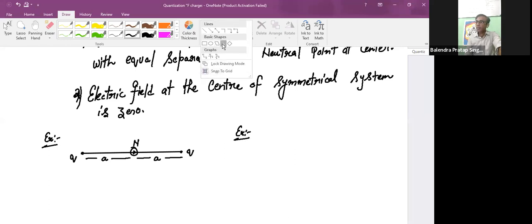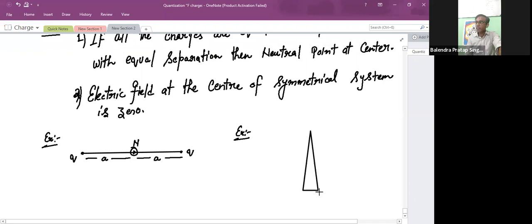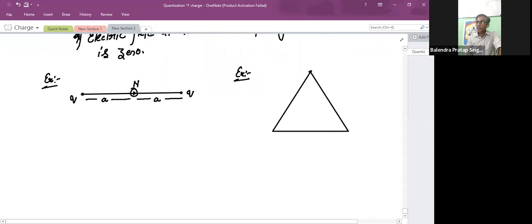Three equal charges are separated by equal distance: plus Q here, again plus Q here, and again plus Q here, separated by distance A. In that case, the electric field must vanish at the center, and the neutral point will exist somewhere here.